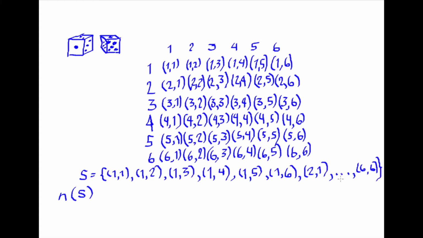So imagine this ellipsis, because writing it all out would take too long. Imagine that all the values inside this set will be everything from here. So we counted how many there are. It's a 6 by 6: 1, 2, 3, 4, 5, 6, and 1, 2, 3, 4, 5, 6. So we know 6 times 6 is equal to 36. So there are 36 possible outcomes when you throw a pair of dice.